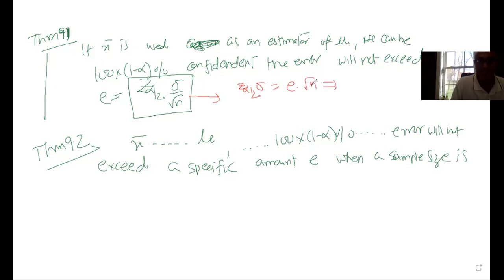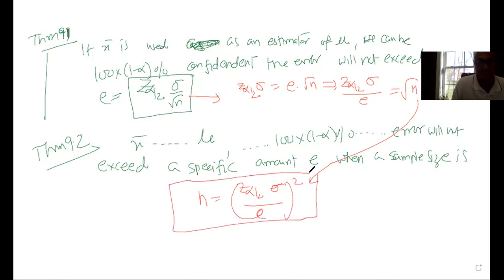This implies that I can divide by E. So z alpha by 2 and sigma divided by E is equal to square root of n. If you want to write n, take the square of both sides. So n is equal to z alpha by 2 sigma divided by E, and whole square. So that's how you can find the sample size.